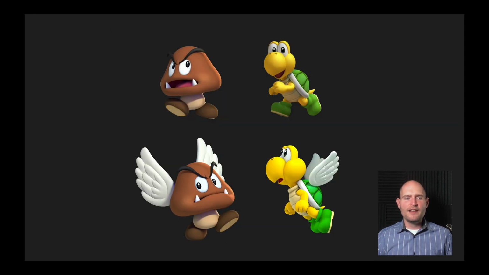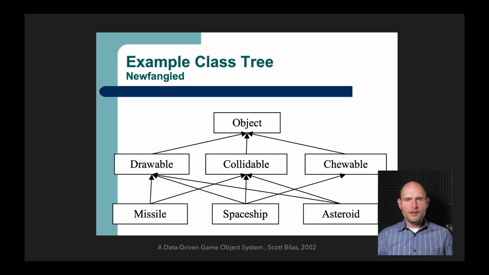But then as soon as you have cross-cutting concerns, for example, Goombas, they can also fly. What do you do there? Right? Do you subclass the Goomba also? And how do you duplicate the flying behavior? Well, one problem is that you end up with multiple inheritance, which is the road to insanity.